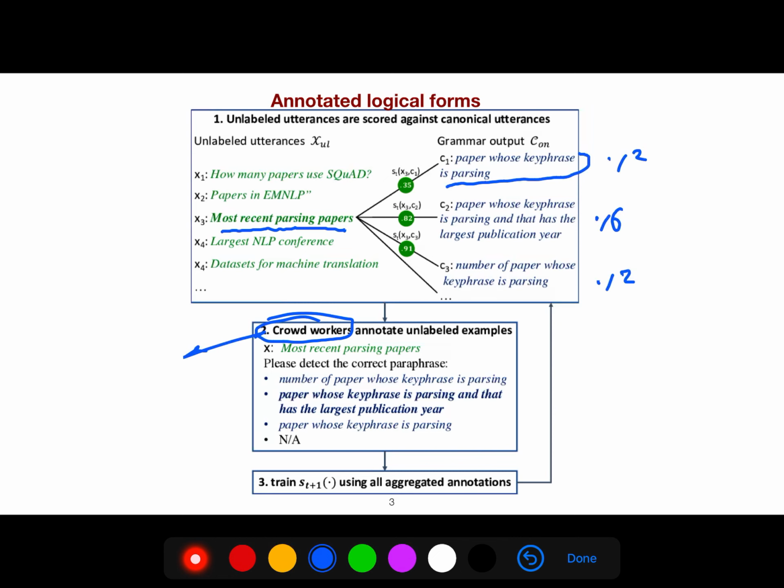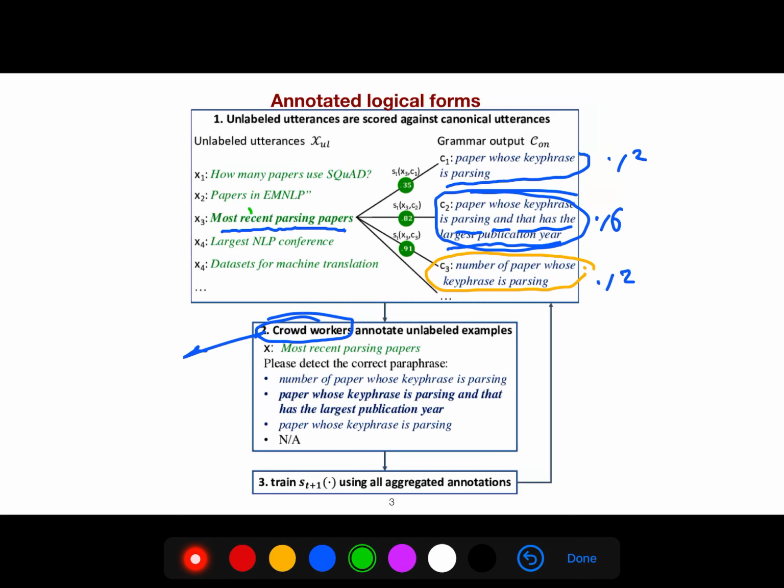Paper whose key phrase is parsing and that has the largest publication year, I can take the maximum. So I have learned this. Another sentence I also understand as a robot: the number of papers whose key phrase is parsing, because I can count. I'm a robot, I can count.